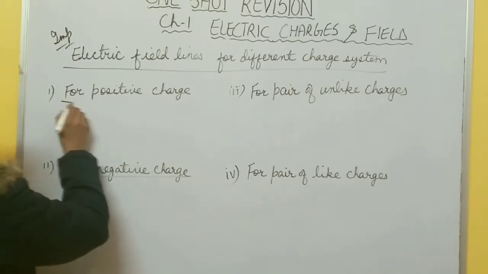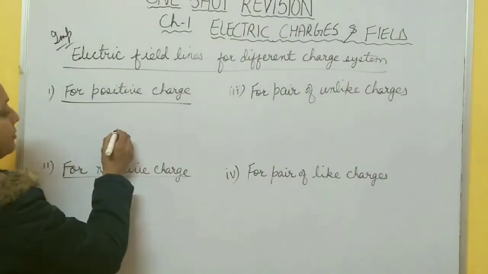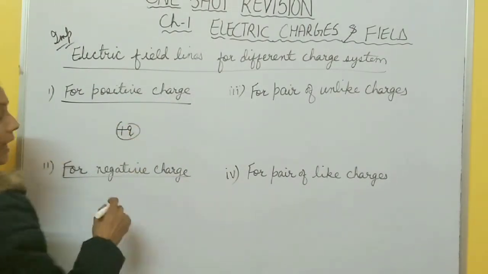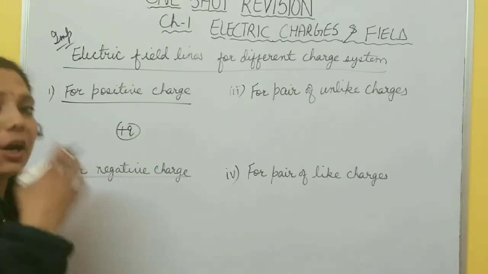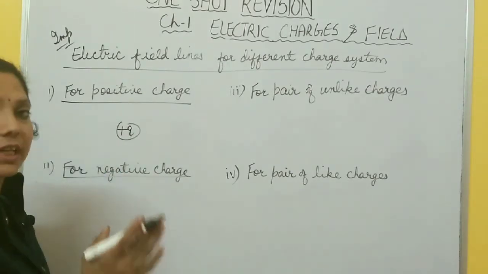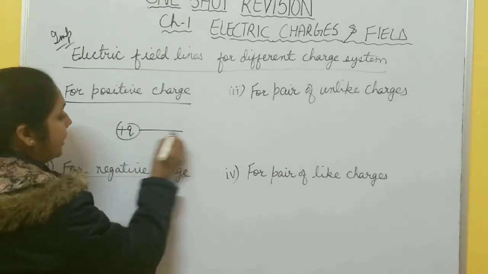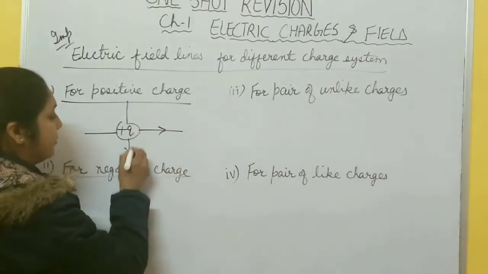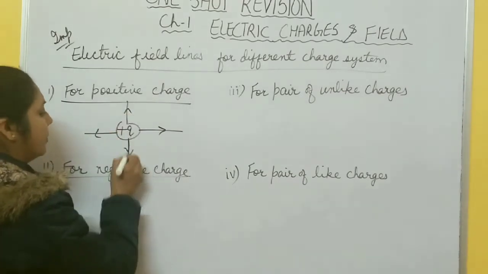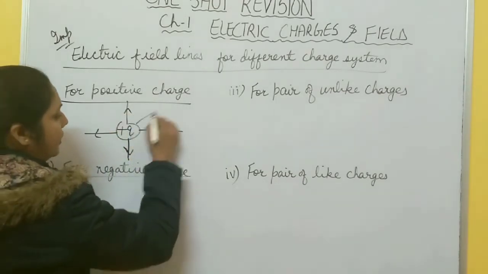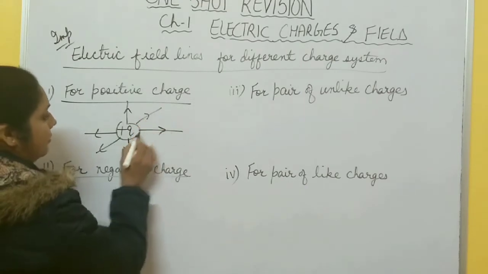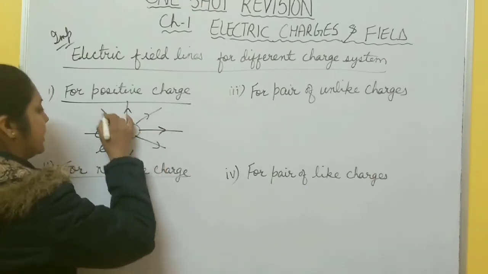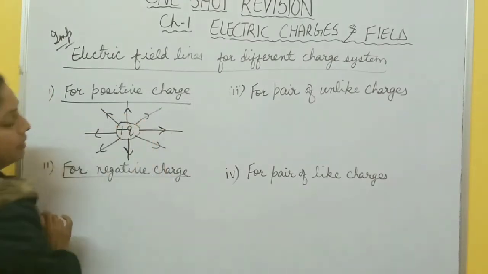You have to draw electric field lines for a positive charge. Suppose this is a positive charge, and electric field lines are always away from the positive charge, radially outwards. So you draw like this, right, and the direction is away from the positive charge. You draw any number of lines, okay, because the value of charge is not given, just symmetrically you draw any number of lines.